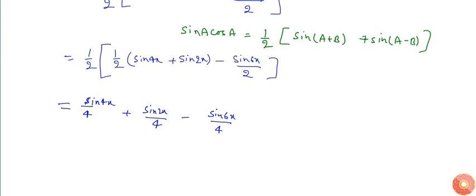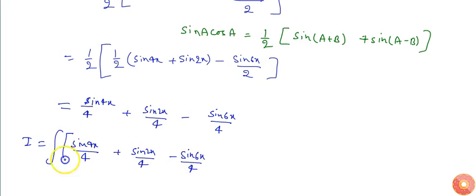Now I can integrate them separately. So I will now integrate sin 4x by 4 plus sin 2x by 4 minus sin 6x by 4 with respect to dx.